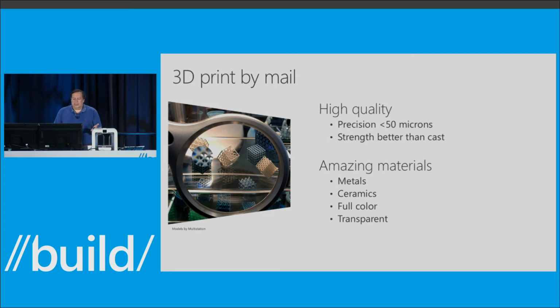They can do things that have strength better than castings. And you can do them in many, many materials, which suddenly takes this whole concept of, oh great, what am I going to do with this plastic single color thing, and really opens up a lot of possibilities, specifically for developers who are developing apps that might be to customize existing things.